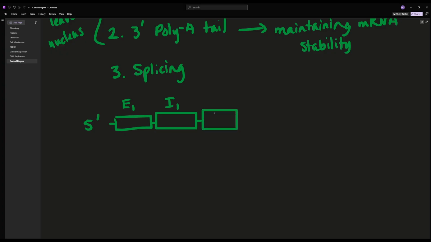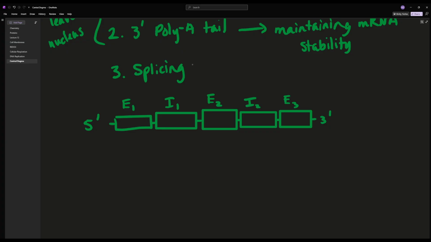Oh my gosh, it does auto. That's cool. Okay, then E1 is going to be attached to, I1 is going to be attached to E2. E2 is going to be maybe attached to I2. And then maybe, just for fun, we'll throw on one more exon at the end here. Exon 3, and then we'll get our 3' end.